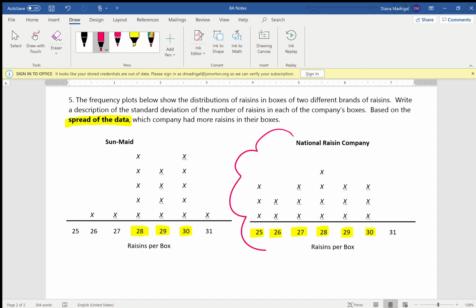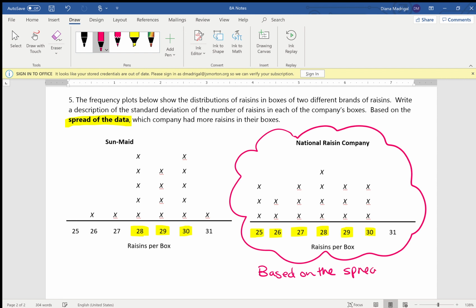So my answer for this will be that based on the spread of the data, National Raisin Company has more raisins in their boxes. So try the next one on your own.